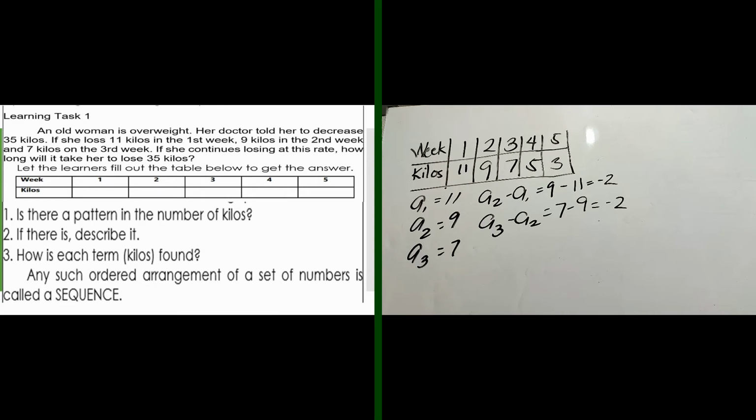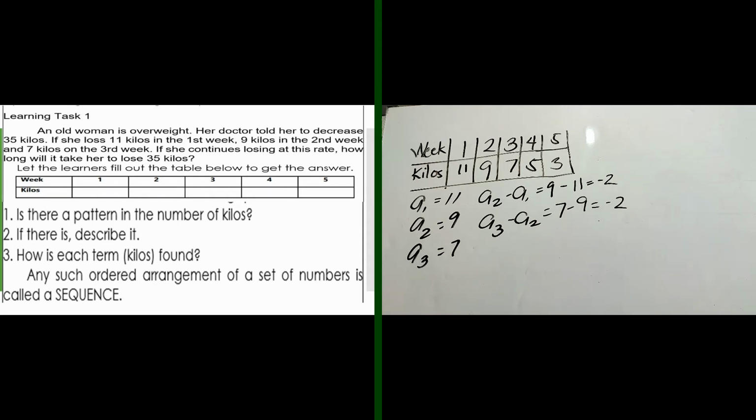Now, how is each term or kilos found? That is just a deduction of 2. So the question in this problem is, if she continues losing at this rate, how long will it take her to lose 35 kilos?